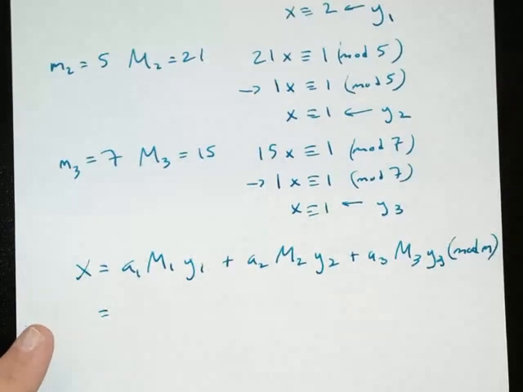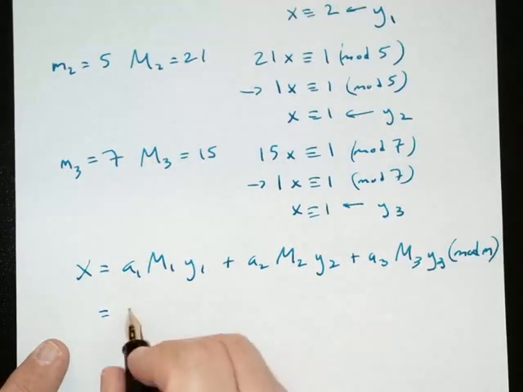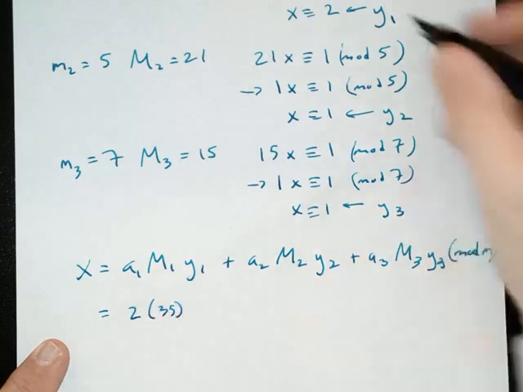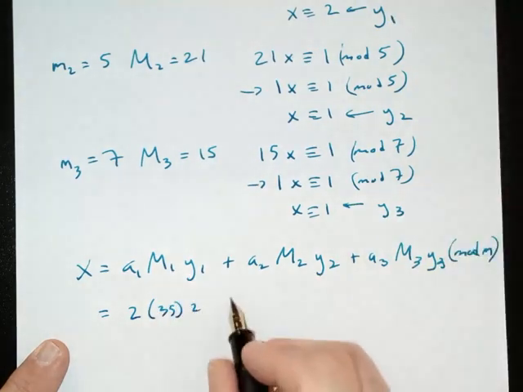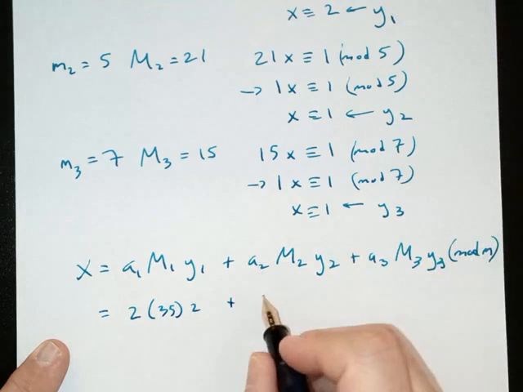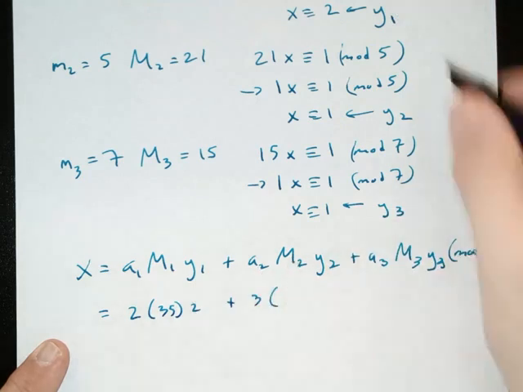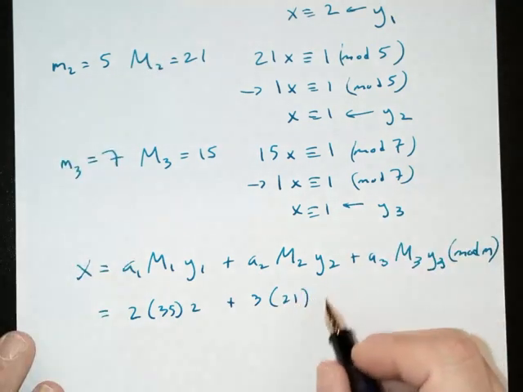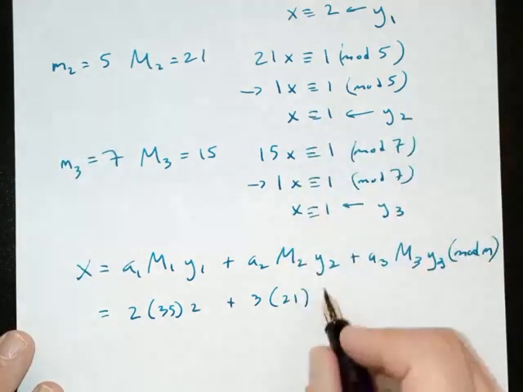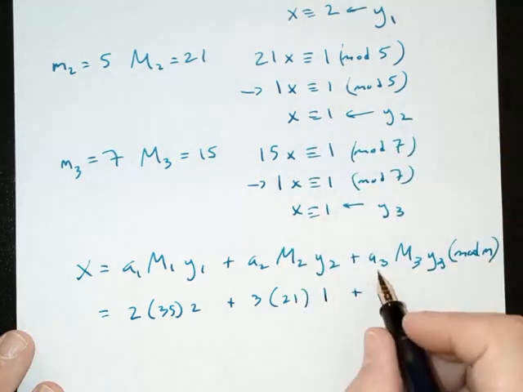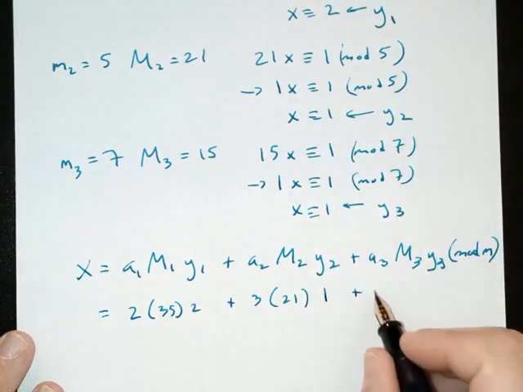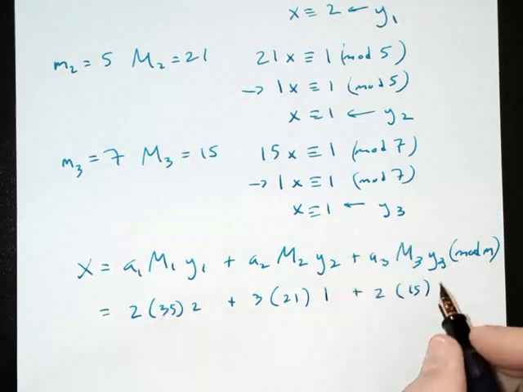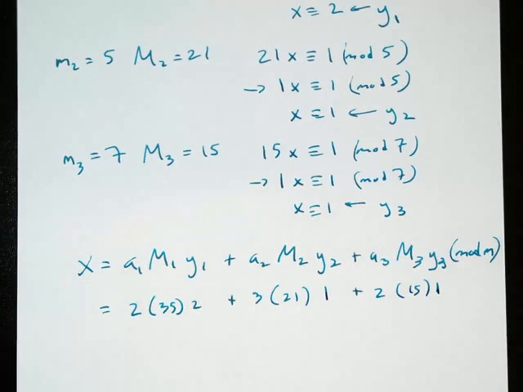So A1 was 2. M1 is 35. Y1 is 2. A2 was 3. M2 is 21. Y2 is 1. A3 was 2. M3 is 15. Y3 is 1.